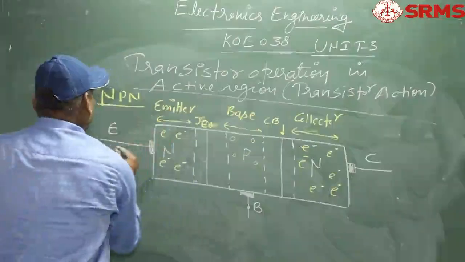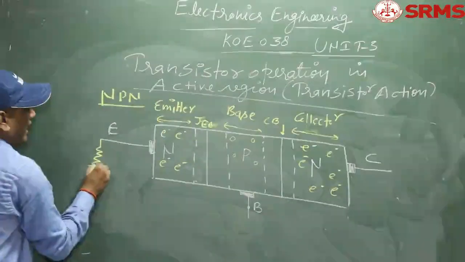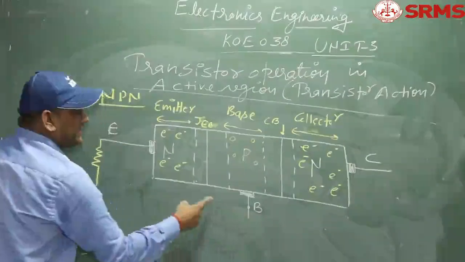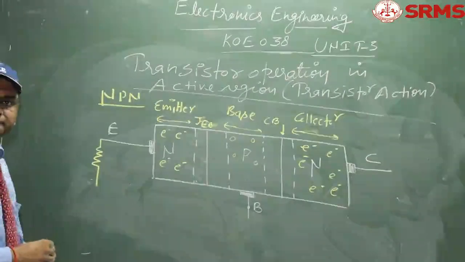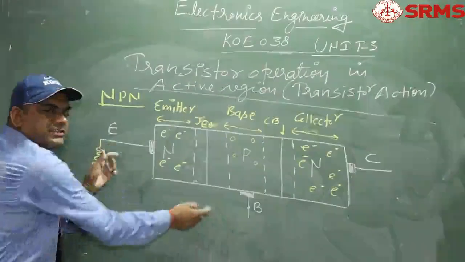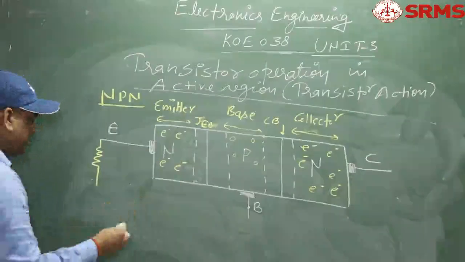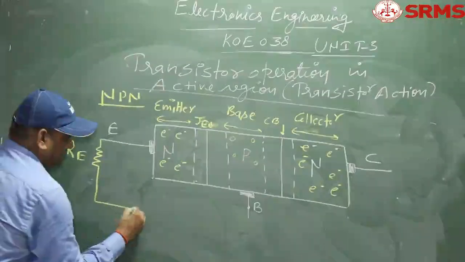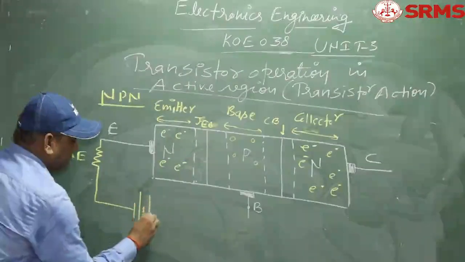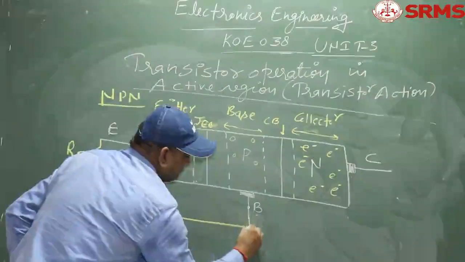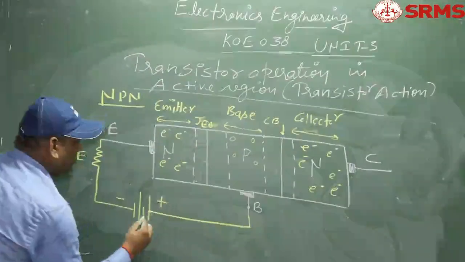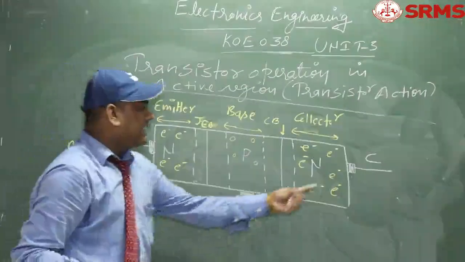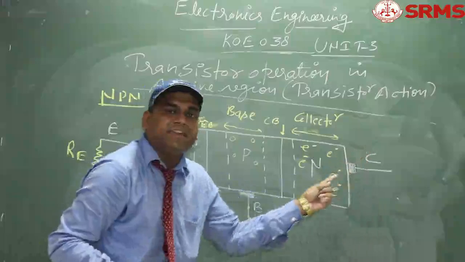Is that clear? So now here we have to apply forward bias voltage to the emitter base junction. So this is the N region and we want to make it forward biased. So N must be negative. Here we have the resistance Re, minus plus VEE, and the collector base junction must be reverse biased.